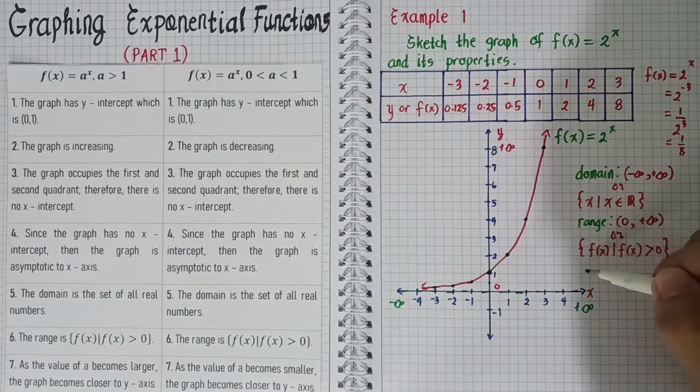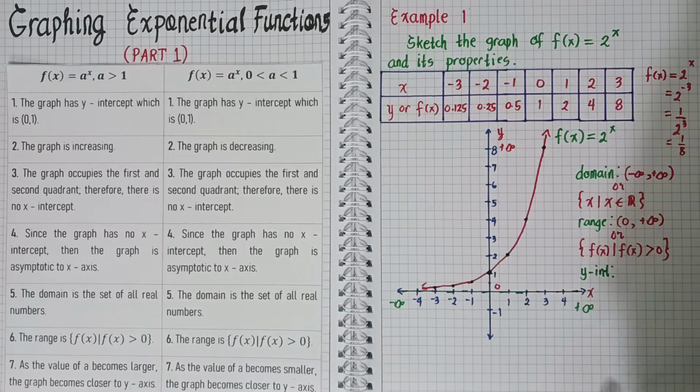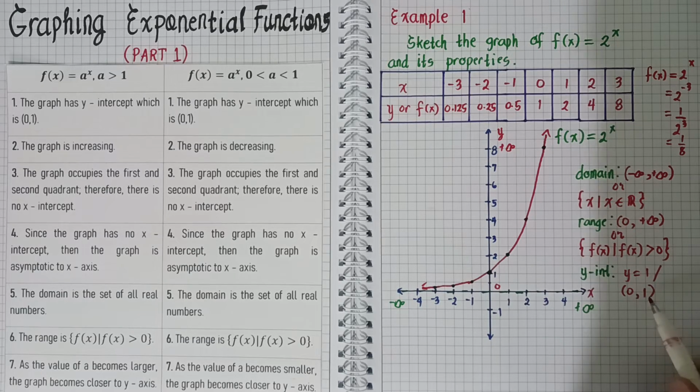So, therefore, yung y-intercept natin ay y equals 1, or pwedeng ganito, coordinate 0, 1. Walang value yung x natin, pero may value yung y natin, which is 1.